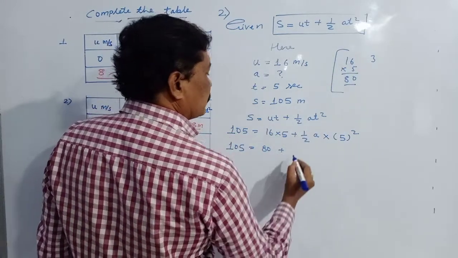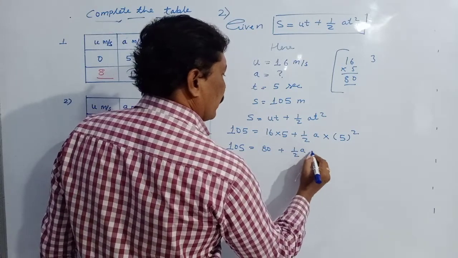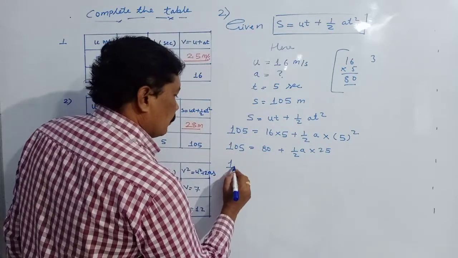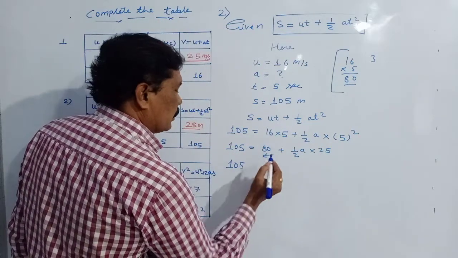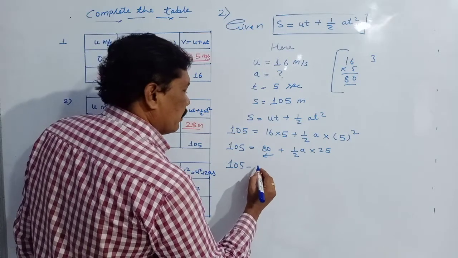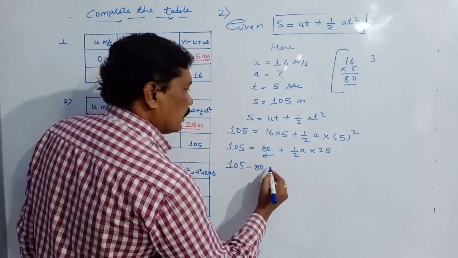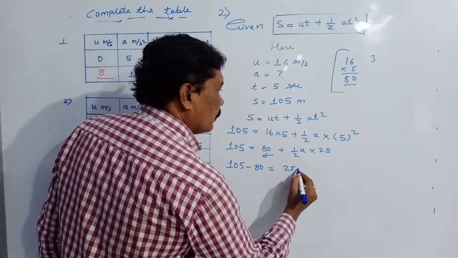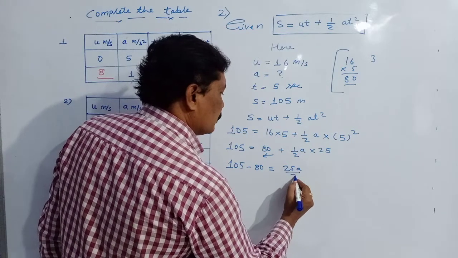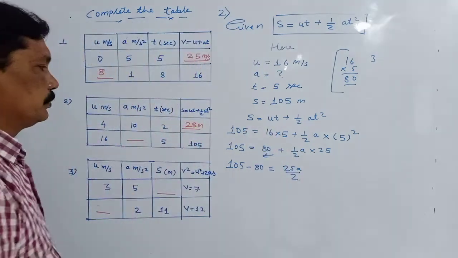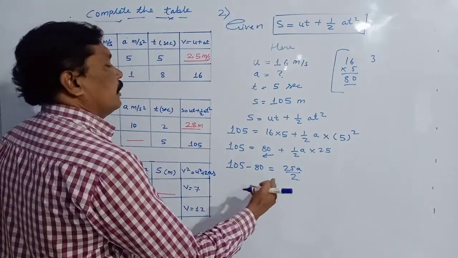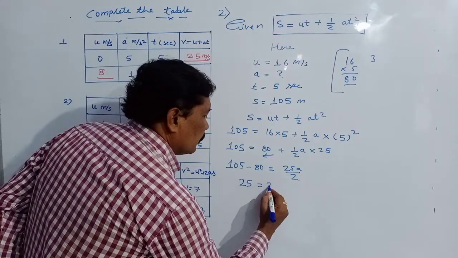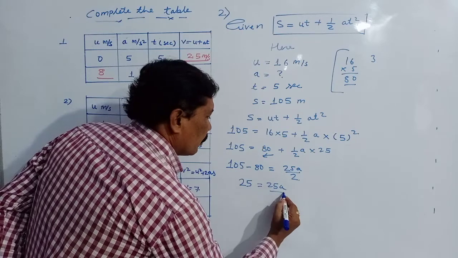80 plus half a into 25. 105, 80 will take to the other side of the equation, it will be minus 80 is equal to 25a upon 2. 105 minus 80 is 25. 25 is equal to 25a upon 2.